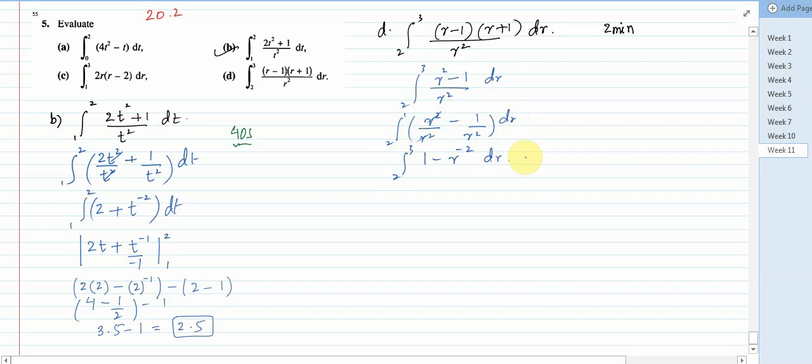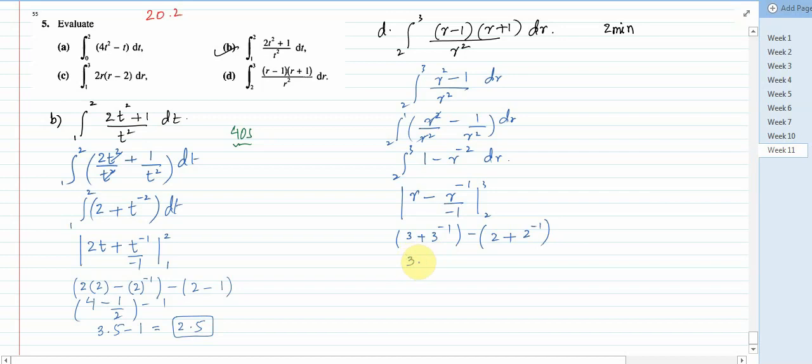Now the function is ready to integrate. The integral of 1 is r minus r to the power minus 1 divided by minus 1, and the limits we have are from 2 to 3. So I am placing the upper limit here, so it will be 3 plus 3 to the power minus 1. That is my upper limit, minus lower limit, which is 2 plus 2 to the power minus 1.